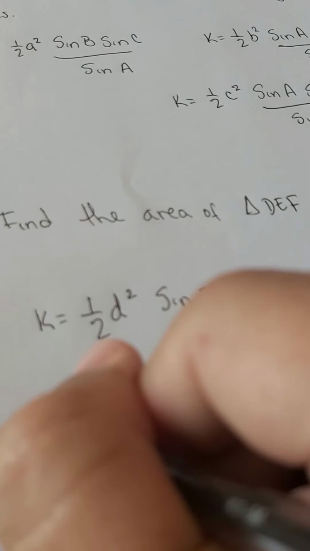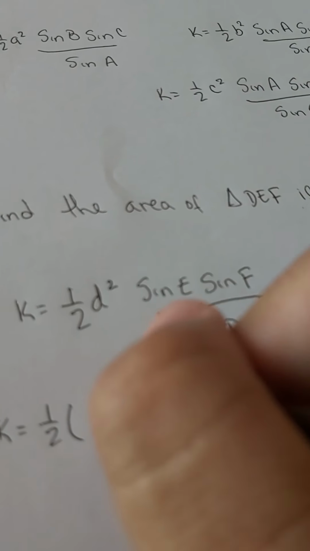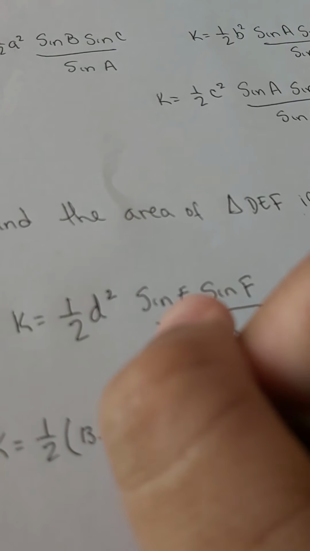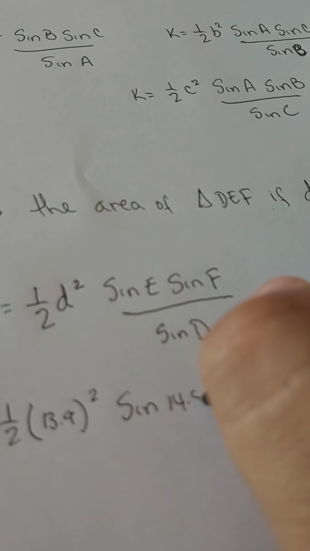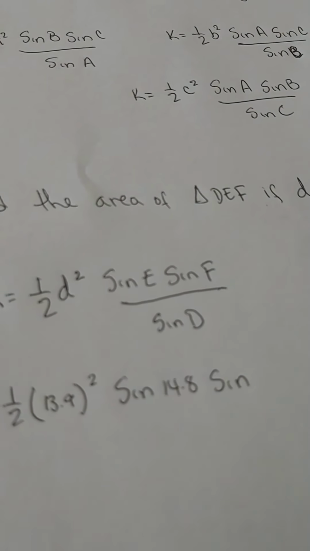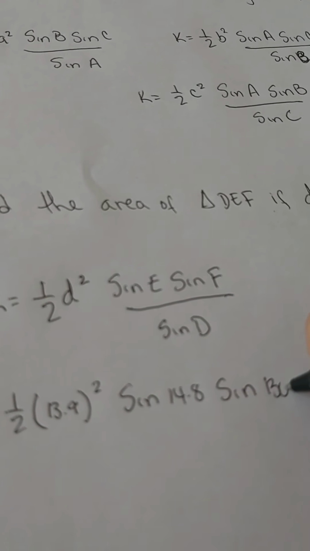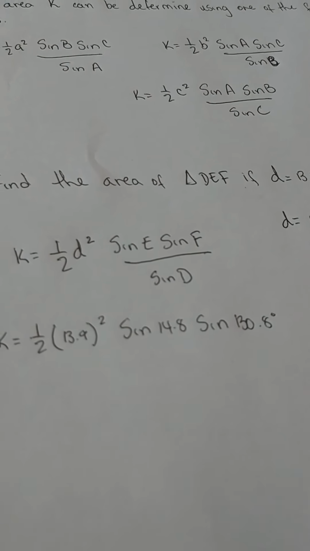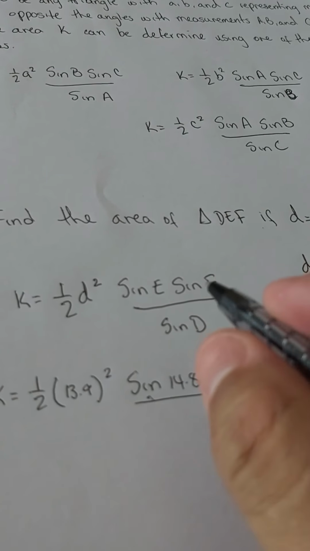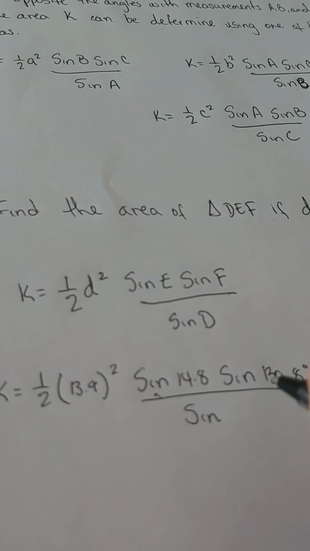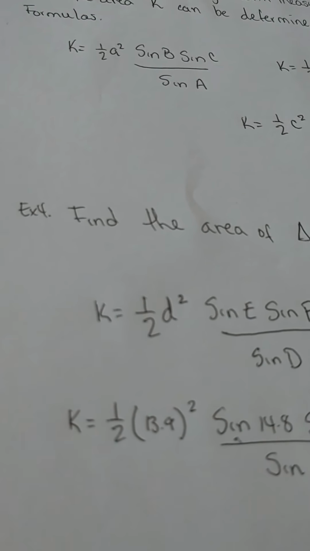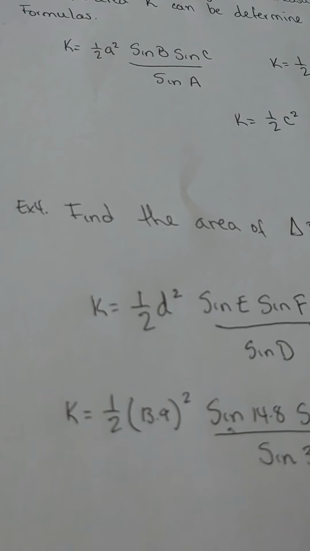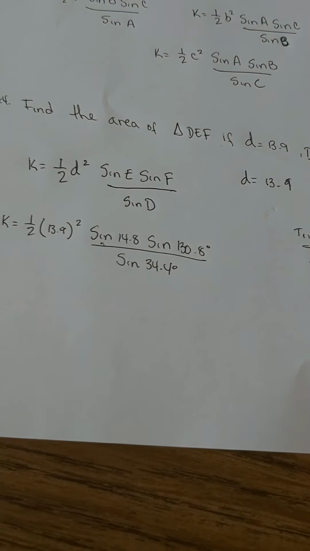K equals 1/2 D, 13.9 squared, sine of E, 14.8, times sine of F, 130.8 degrees, divided by sine of D, 34.4 degrees.